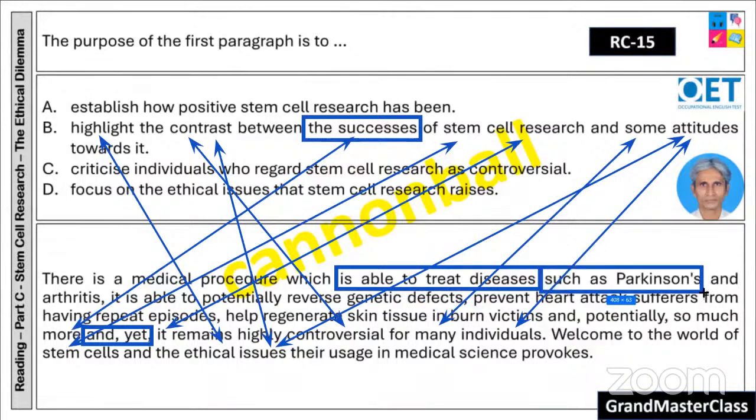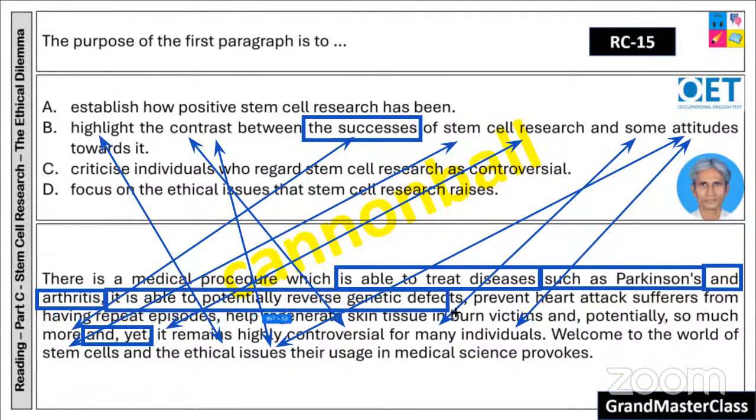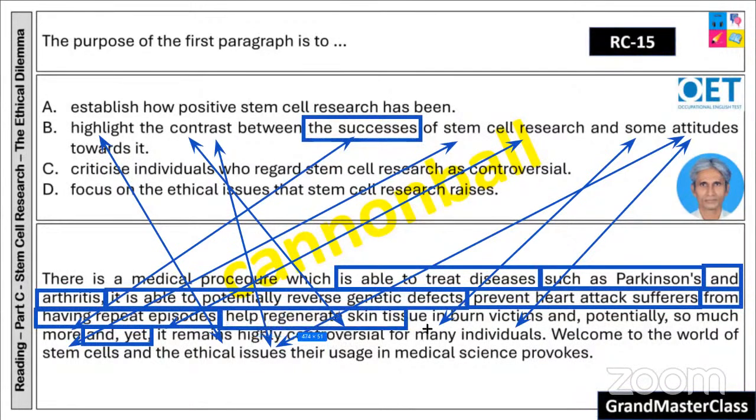Such as Parkinson's, number one, and arthritis, number two. And it is able to potentially reverse genetic defects. This is another benefit. Prevent heart attack sufferers from having repeat episodes. First attack is there, then next attack will not be there. So like that. Okay, having repeat episodes. So, right, preventing multiple attacks. Then next, help regenerate skin tissue in burn victims.